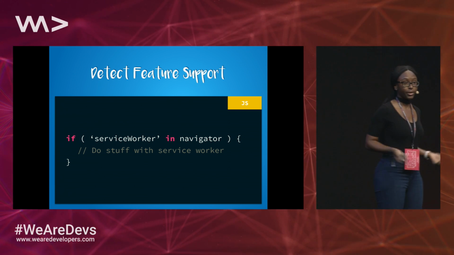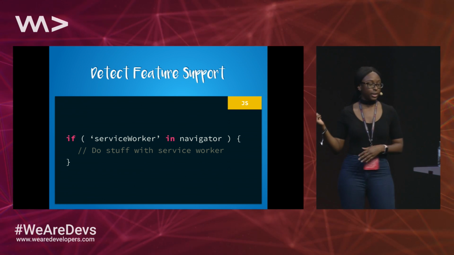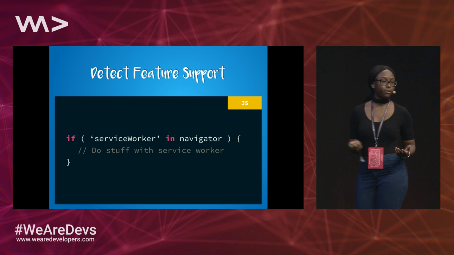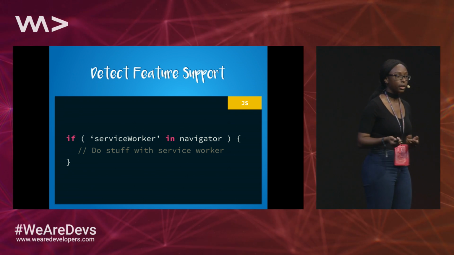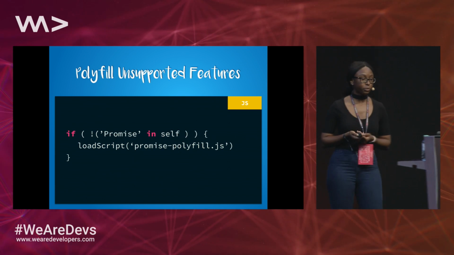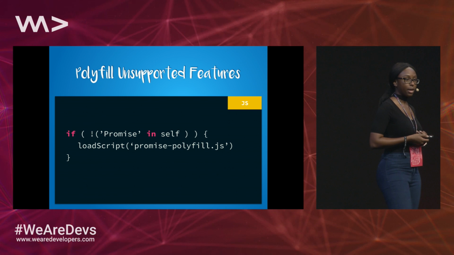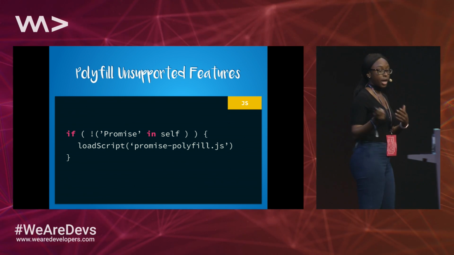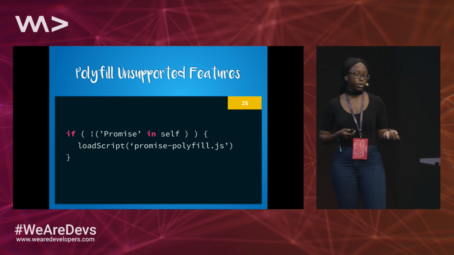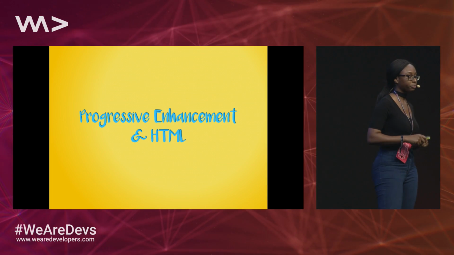So if you're building a progressive web app, for example, and you're going to be using Service Worker, you always see that, first of all, you just check to see if it's available before you start using it. That way, things don't break for people who don't support it. We can even take this further and check if things are not supported, and then if it's possible, we can use a polyfill to add that feature ourselves. So that's pretty simple enough.